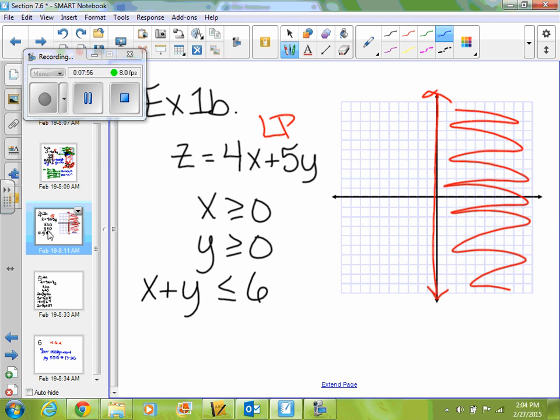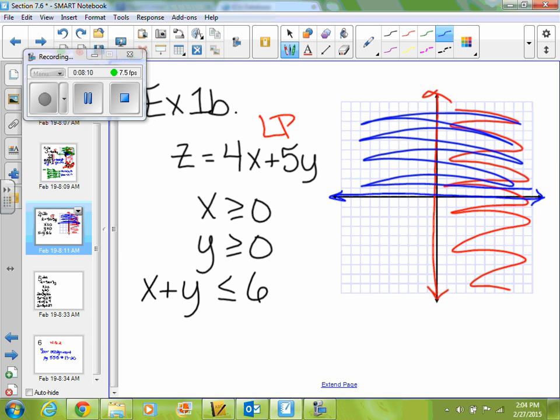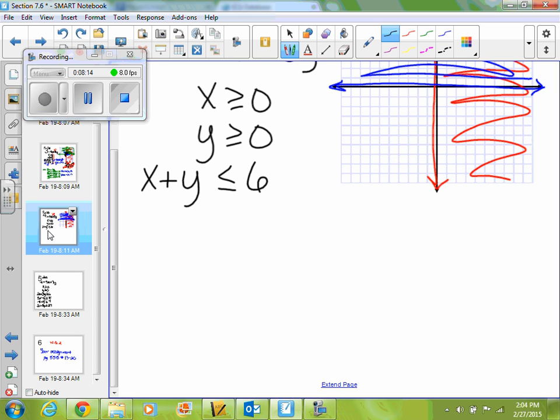If y is greater than or equal to 0, where is y equal to 0? At your x-axis. And if it's greater than or equal to 0, am I shading up or down? Up. So which quadrant has both of my colors then? My first quadrant, so that's the only quadrant I care about. So if I draw a really big first quadrant, then that's the only part I really care about.